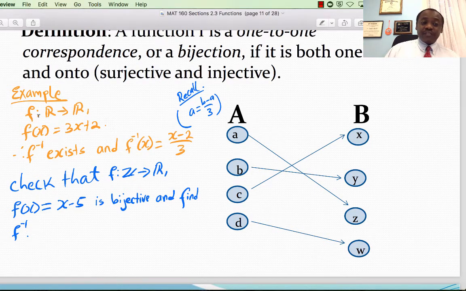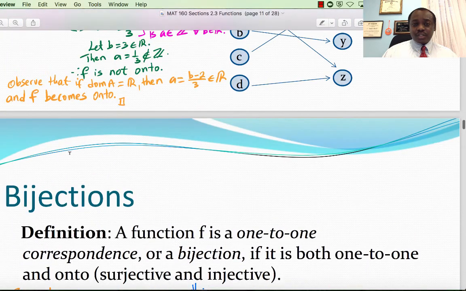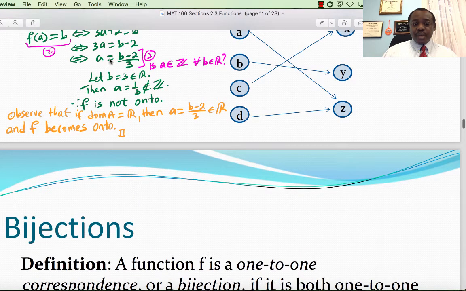For example, if I change my domain above and take a function f from R to R, the set of real numbers, defined by f of x equals 3x plus 2, then f is going to be both one-to-one and onto. And f inverse, believe it or not, recall that when we solved for a, we got a to be (b minus 2) divided by 3.